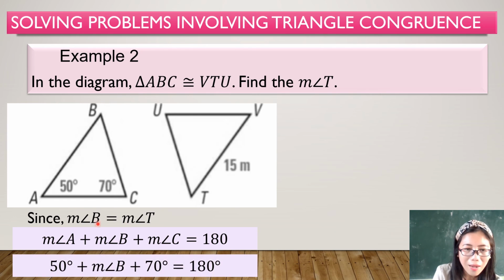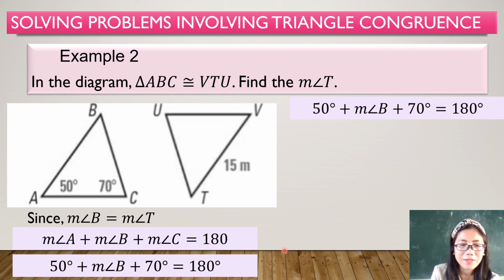Substitute. The measurement of angle A is 50 degrees, and the measurement of angle C is 50 degrees. Here we're going to find the measurement of angle B, so that is equal to 180 degrees.